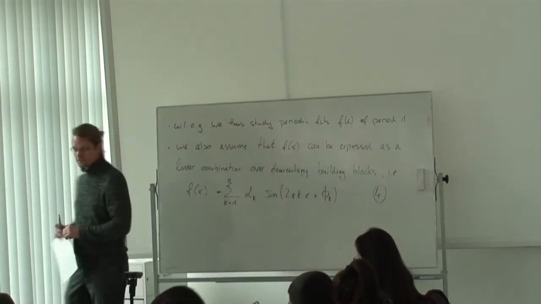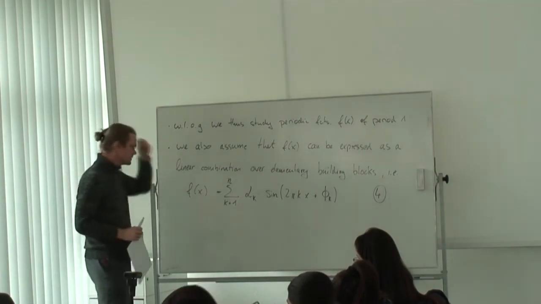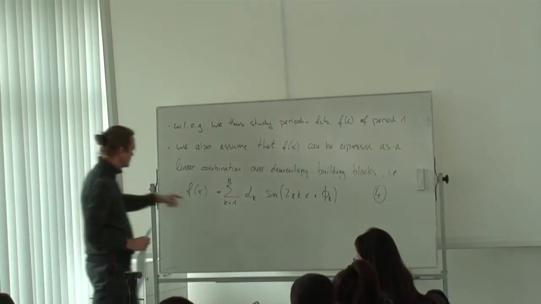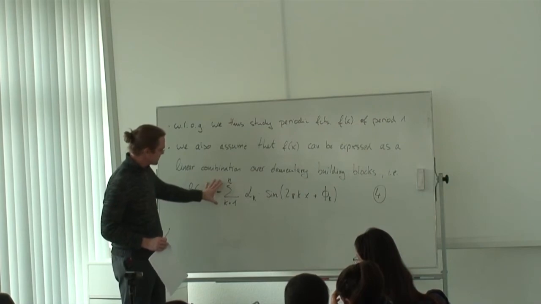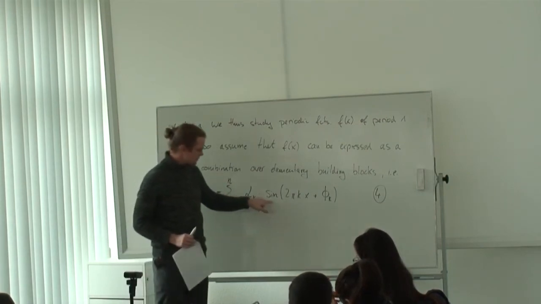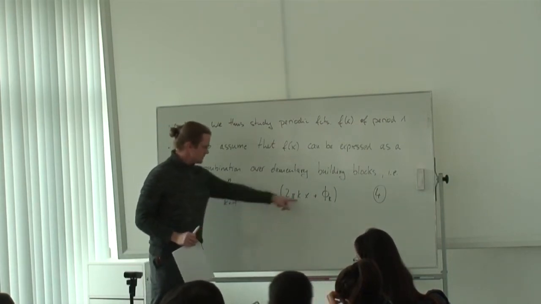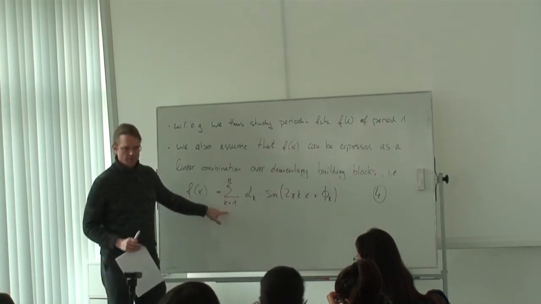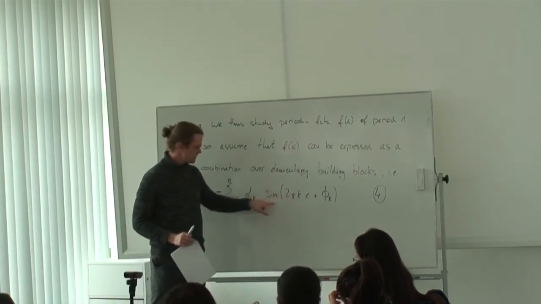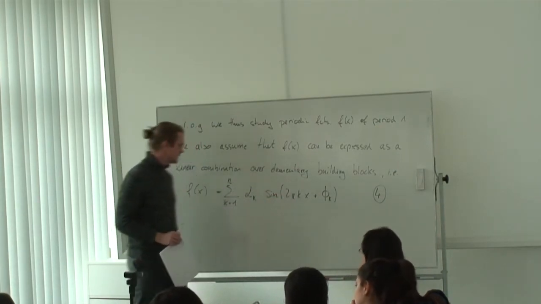And the ingredients of this particular linear combination, we have a sum over something that depends on the index of summation, right? The k appears in the argument of the sine.